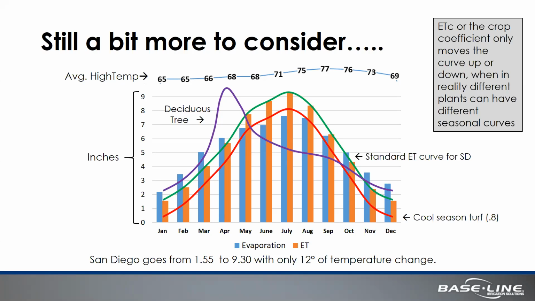So being able to account for these different growth periods and different water need periods for different plant types requires more data and more inputs be put into the control system to do a better job of irrigating.